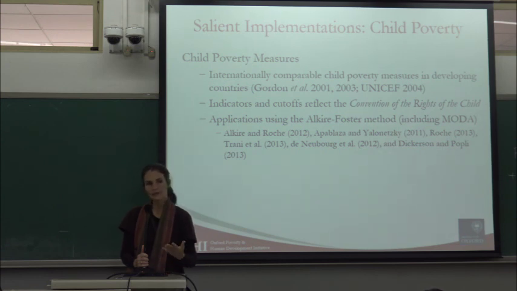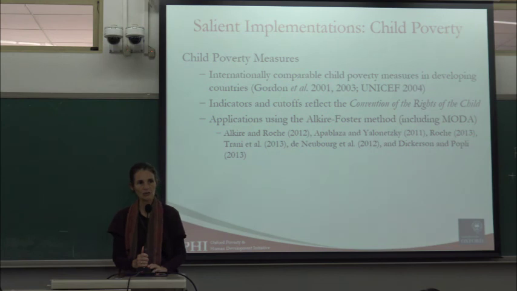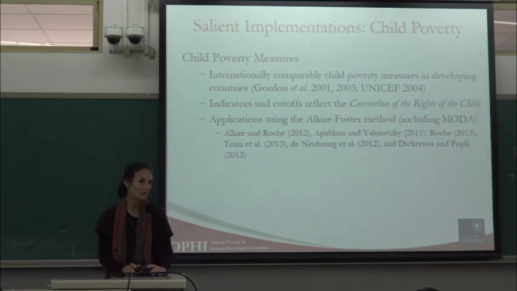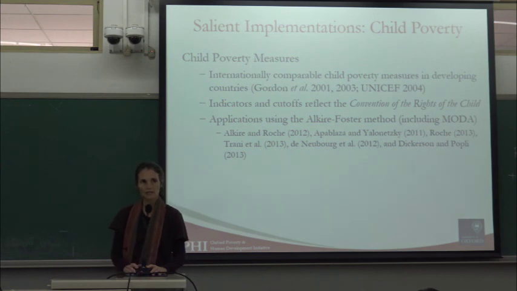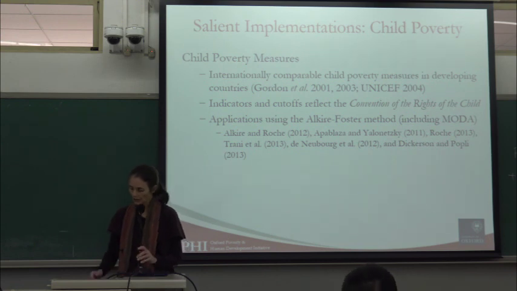So for example, in the same Bristol Center where Peter Townsend was, Dave Gordon and others created a child poverty measure using a counting-based approach in 2001 and 3, and then that was published by UNICEF in 2004. And they used indicators and cutoffs reflecting the Convention on the Rights of the Child. And then, of course, there are AF implementations that we will discuss later.